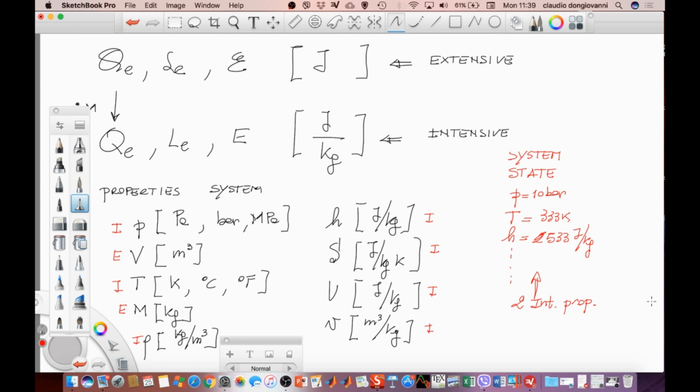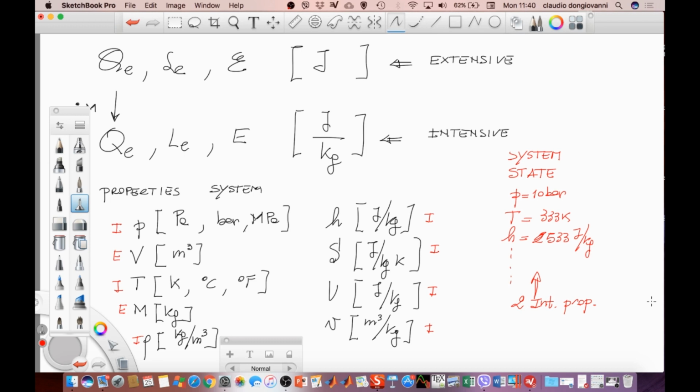Only 2. Pressure and enthalpy, enthalpy and entropy, specific volume and temperature. Doesn't matter, a couple of them. And the other one? The other one can be derived by using physical relationships.